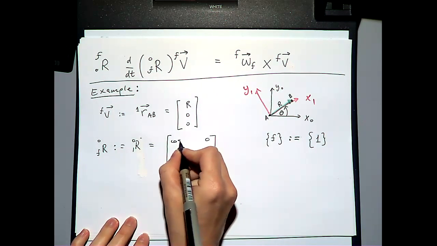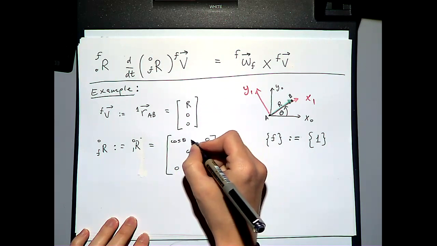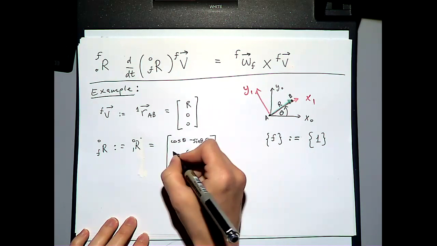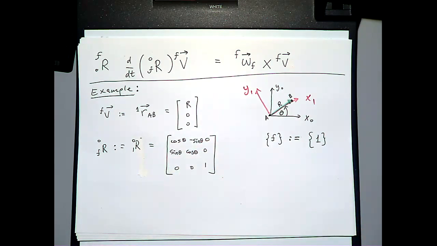So this is cos theta, and here, minus sine theta, which is the positive rotation about z.